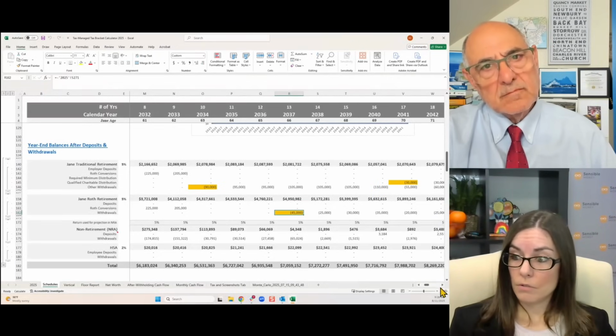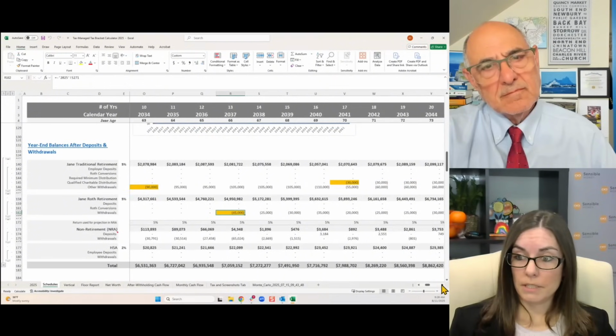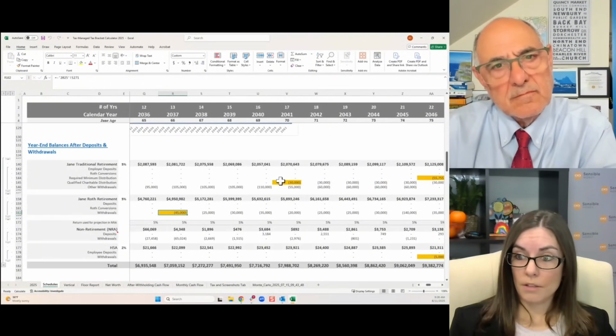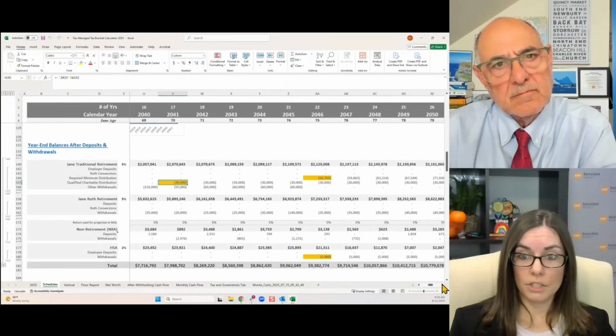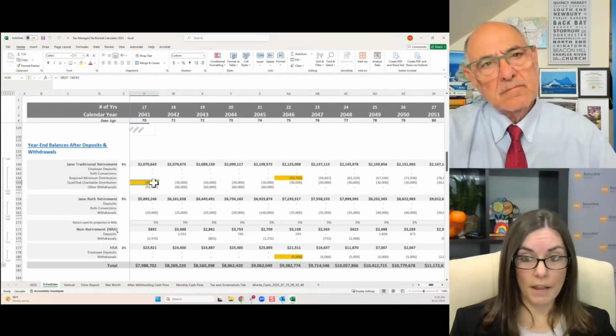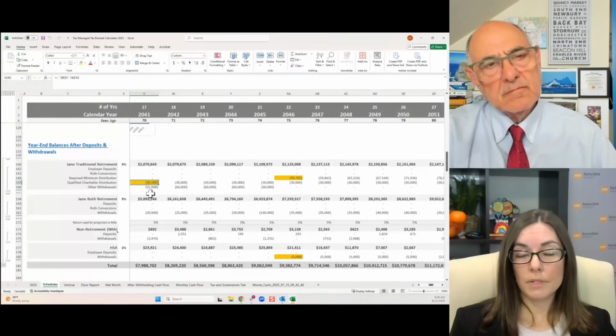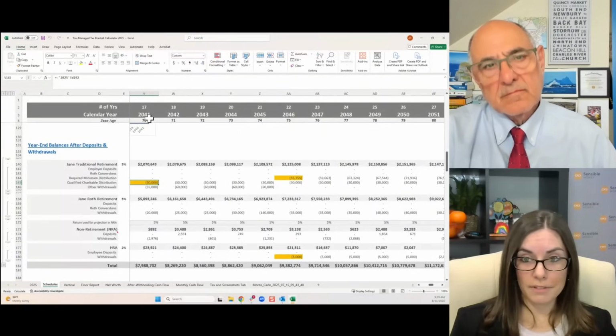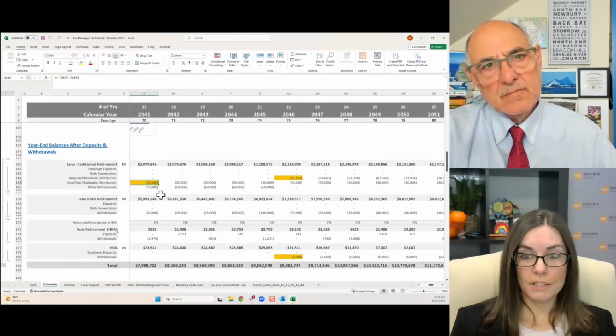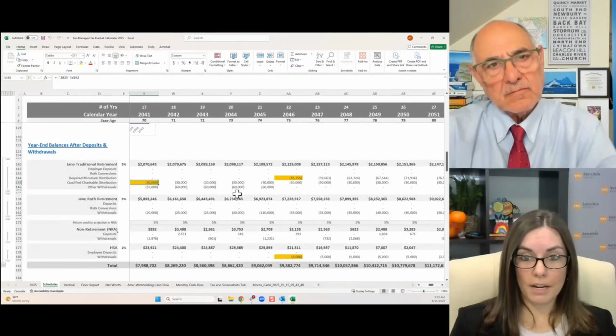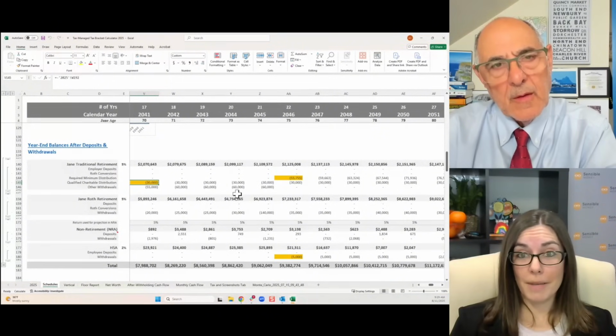Also a tax strategy that we implemented here is qualified charitable distributions. That is where you give money to charity directly from an IRA. You cannot do it until age 70 and a half. And so that's what happens here. At the age she can do it, she starts giving money to charity from her IRA. It reduces her IRA balance.